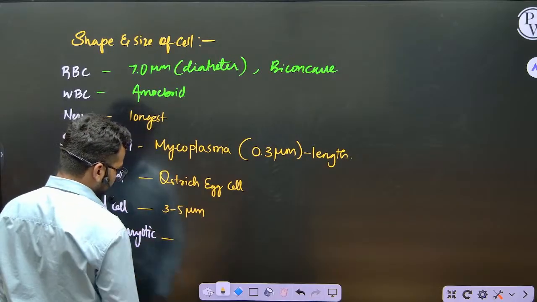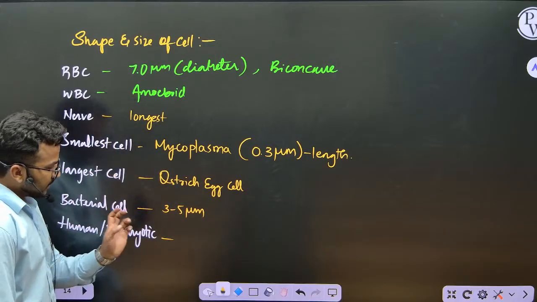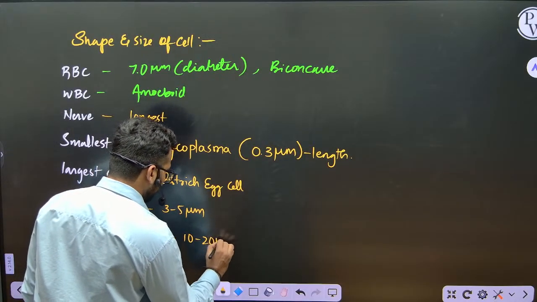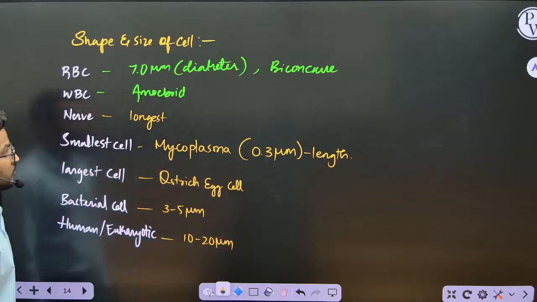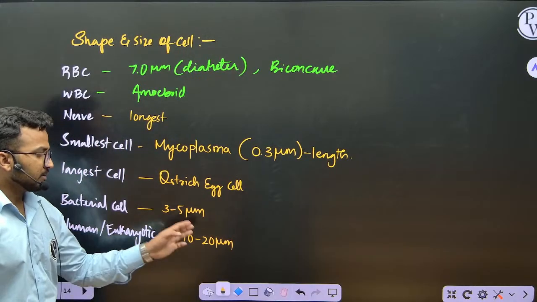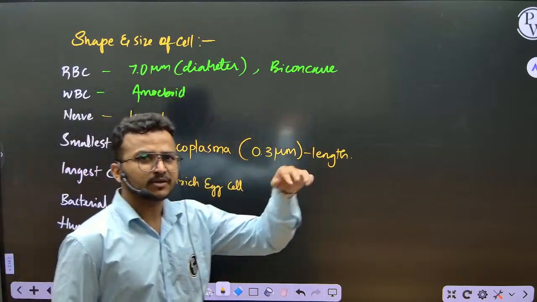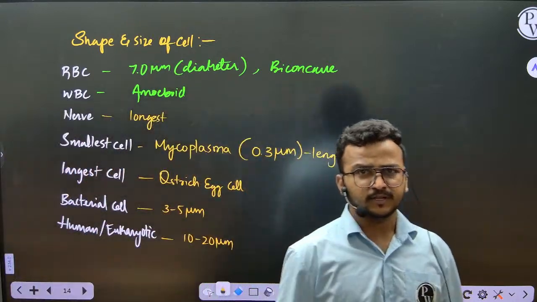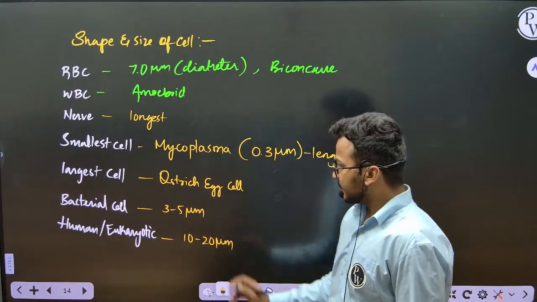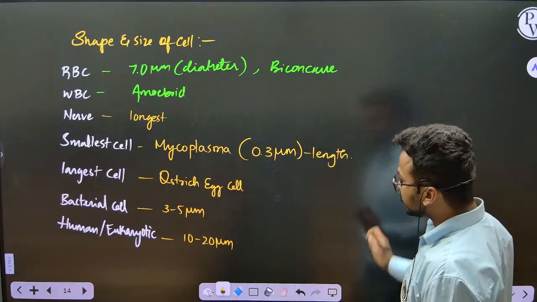Coming to the human eukaryotic cell, or a typical eukaryotic cell, it measures 10 to 20 micrometer. In some books they have given 10 to 100, but you just refer to the NCERT data, that is 10 to 20 micrometer. Okay, coming to the virus.